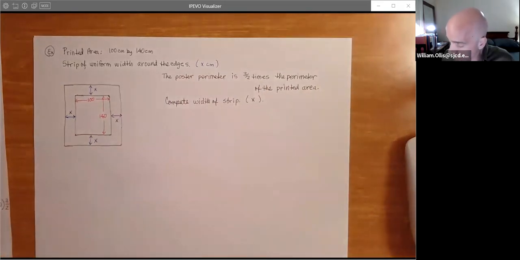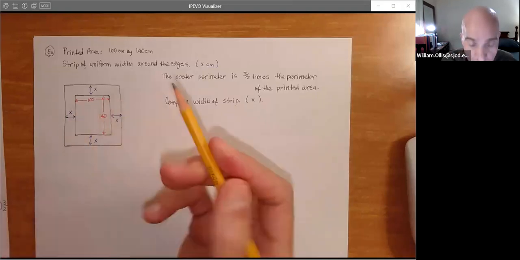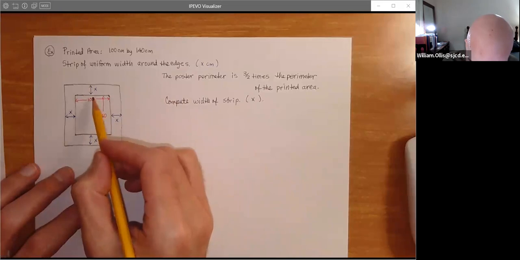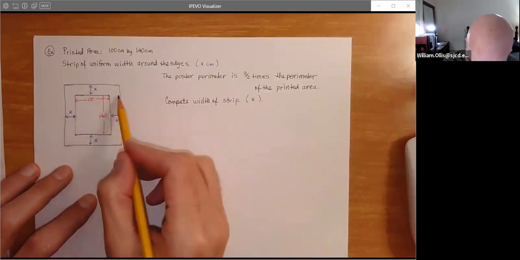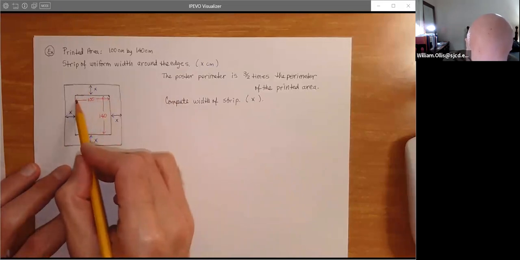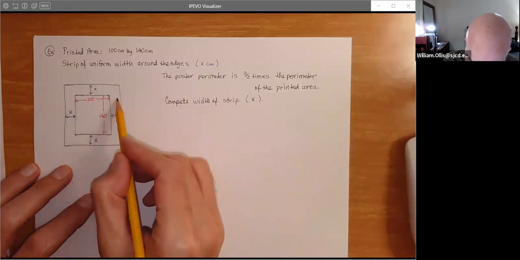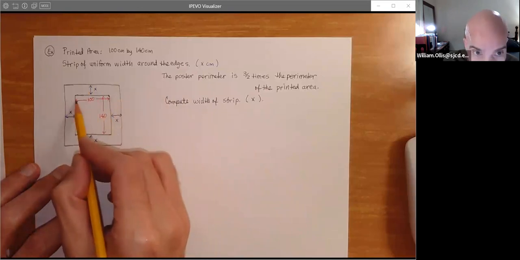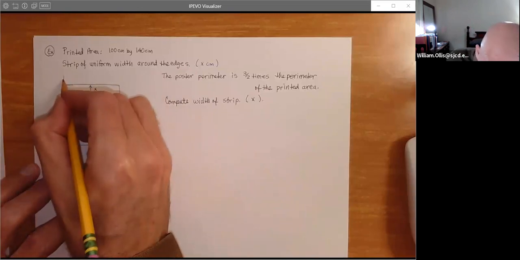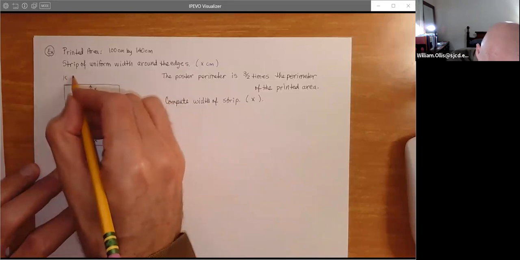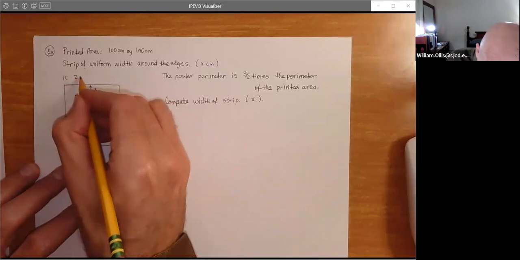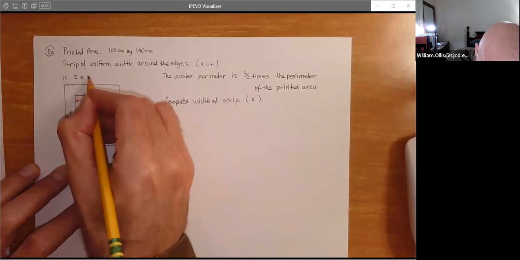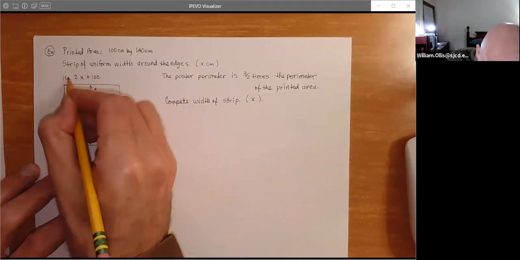Now, to make the problem a little bit simpler, think about perimeter. We have a perimeter of the poster if we think of 100 plus the dimension of X here and the dimension of X here. So if we go all the way across, we have 2X plus 100.